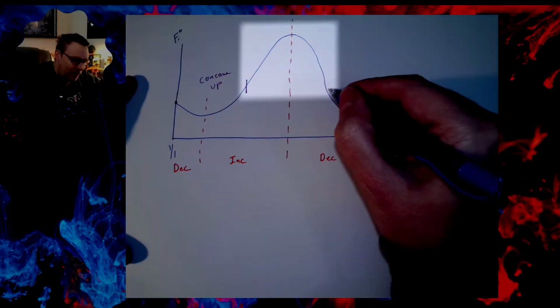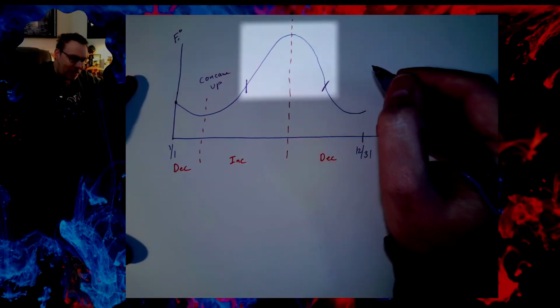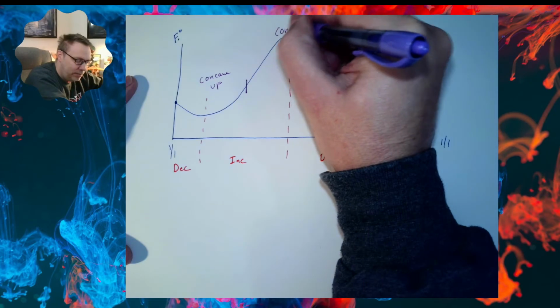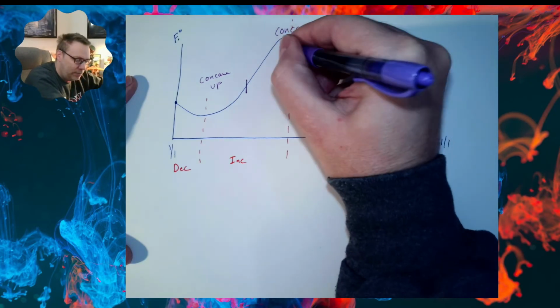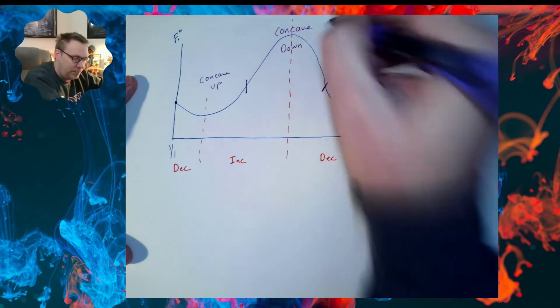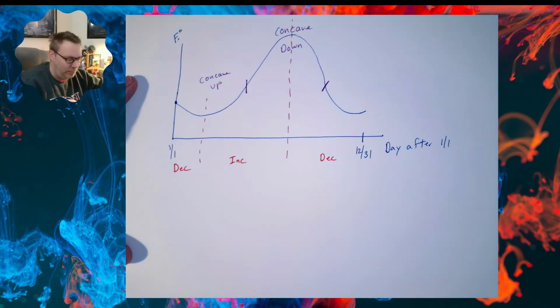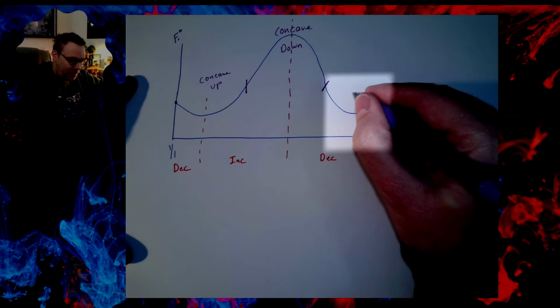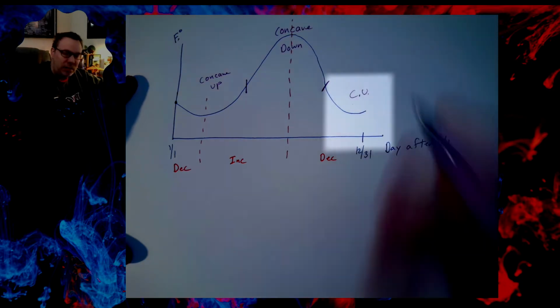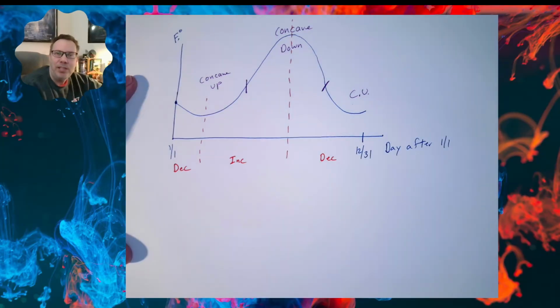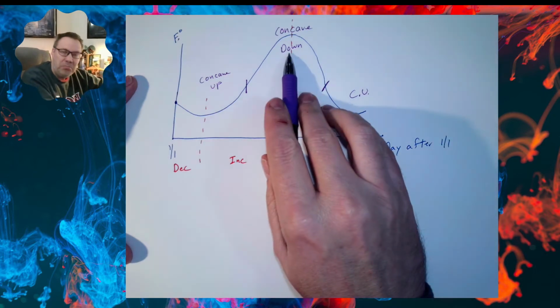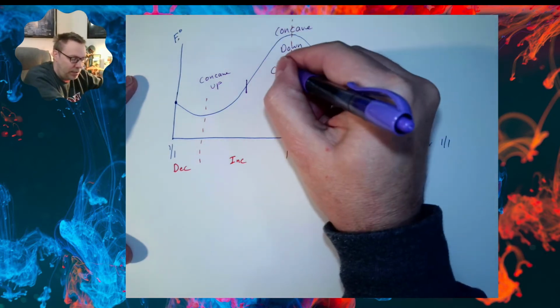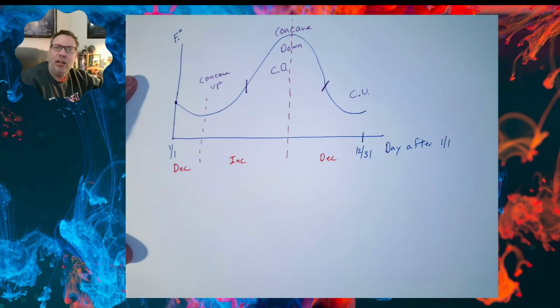But this part of the graph, all the way to about here, this is concave down. This part of the graph, this is concave up. And I'll usually abbreviate it with a C and a U. Over here, I'll abbreviate with a C, D, concave down.